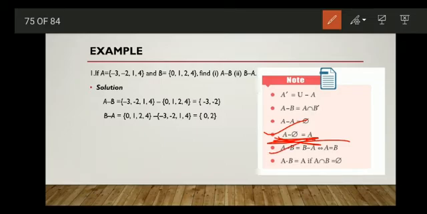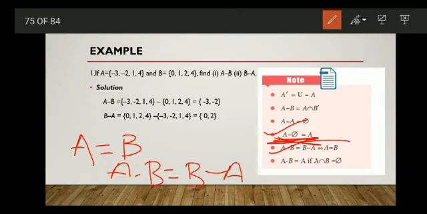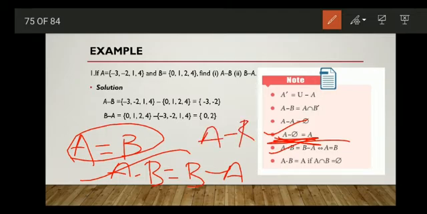A difference B is equal to B difference A if and only if A is equal to B. So when A is equal to B, then only A difference B will be equal to B difference A. So when A is equal to B, we'll be having A difference B is equal to empty and B difference A is equal to empty.